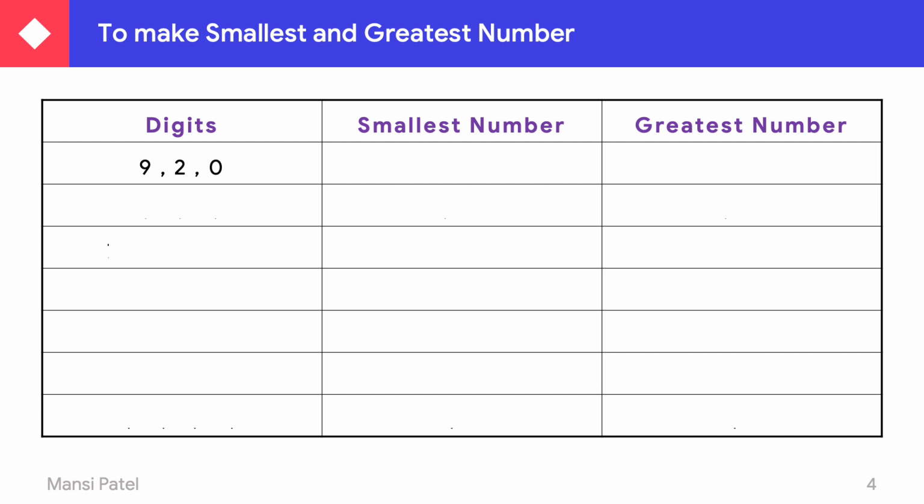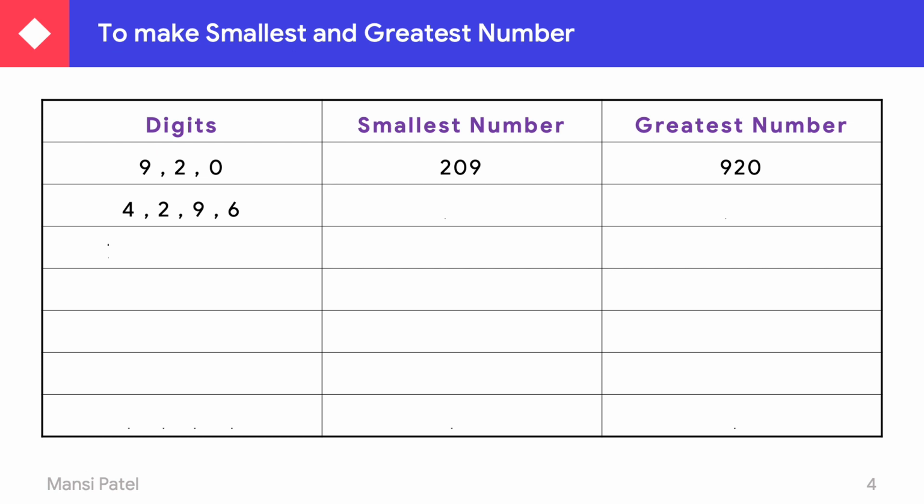But 0 does not have any value, so we have to start from 2. And after that, we have to write down 0. So the smallest number is 209. And the greatest number starts with descending order, that is 920.